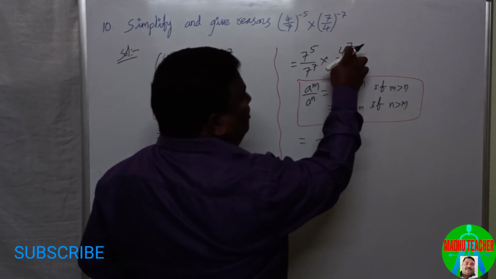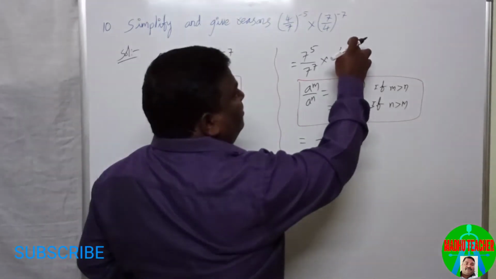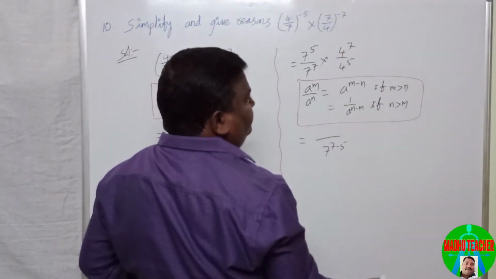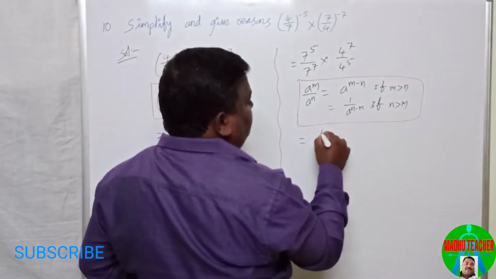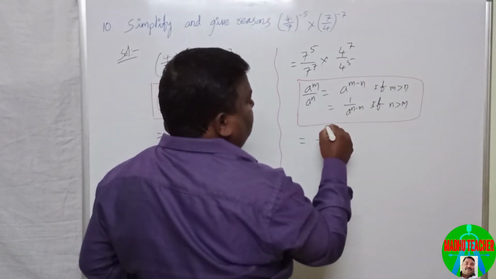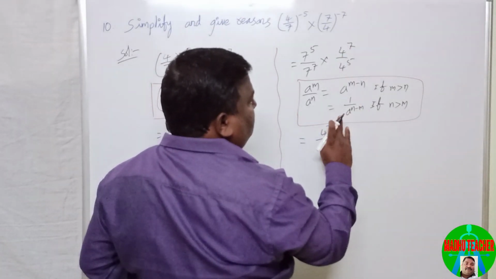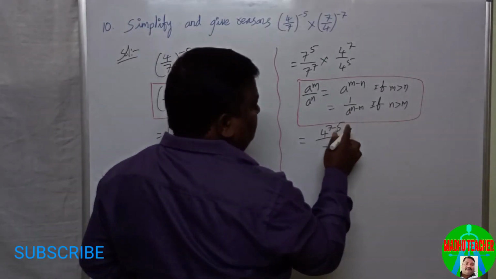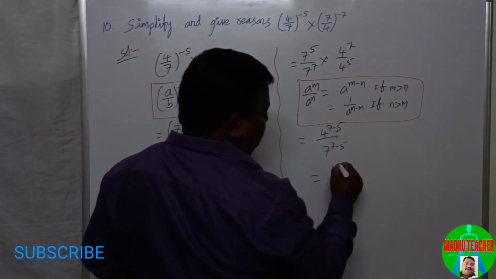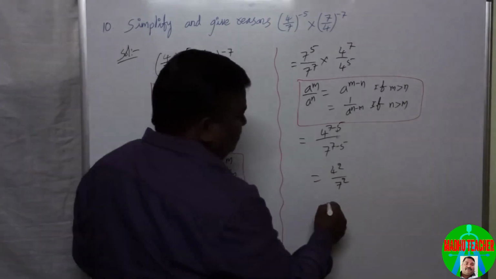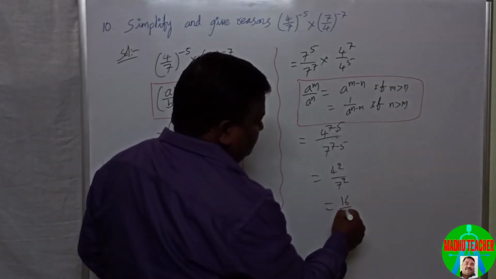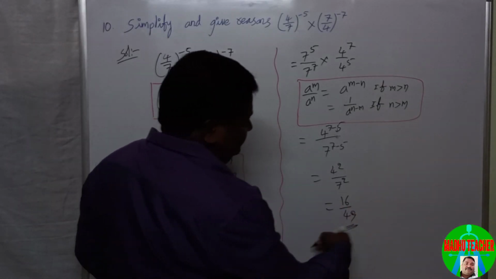And here in the numerator the exponent is greater. In this, 7 is greater than 5. That's why taking to the numerator 7 minus 5. So that equals 4 to the power of 2 by 7 to the power of 2. So that equals 4 square is 16, 7 square is 49.